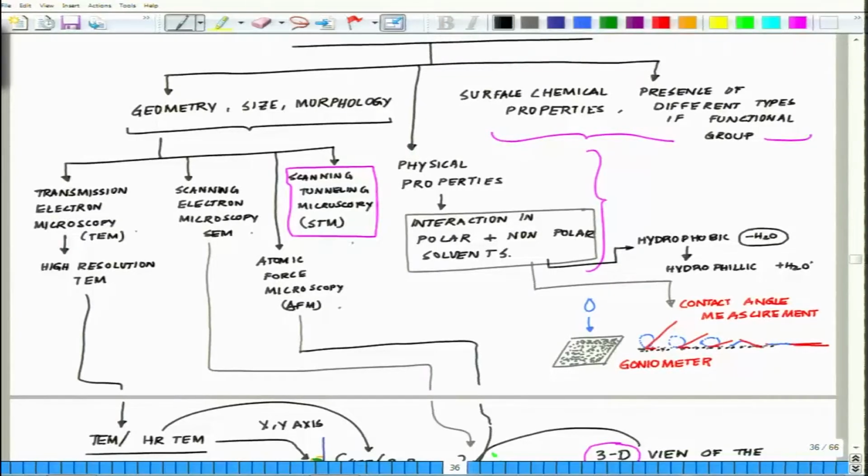You have to introduce multiple OH groups into that material. These OH groups will eventually form hydrogen bonding and lead to a material which is hydrophilic in nature.